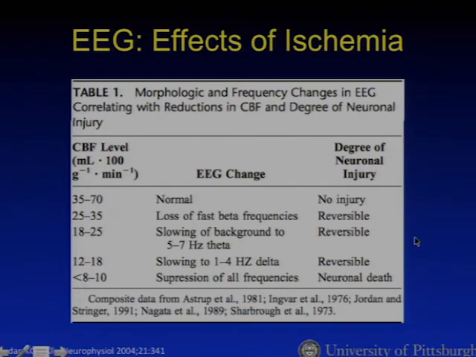EEG morphology has stereotypical changes in response to reductions in cerebral blood flow, and that correlates with the severity and volume of cerebral ischemia, with the earliest changes being the loss of fast beta frequencies, followed by slowing and suppression of all frequencies. Notably, right until here, the changes are still potentially reversible, giving us a target for intervention.